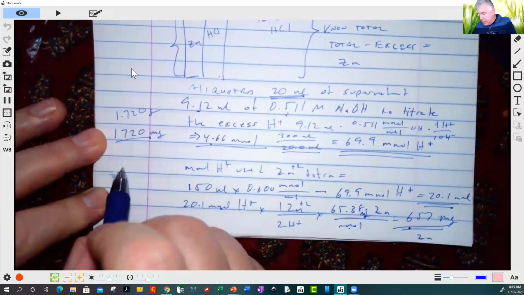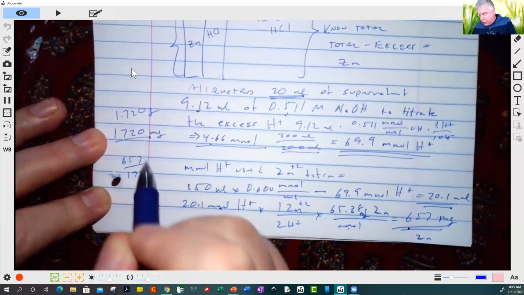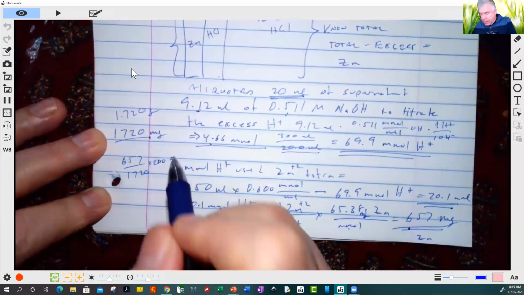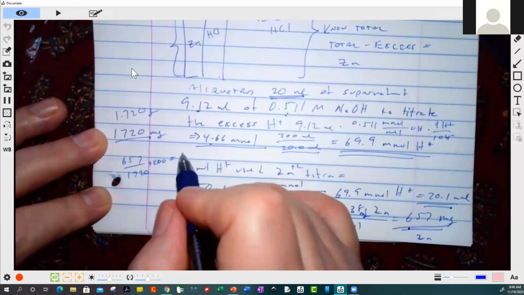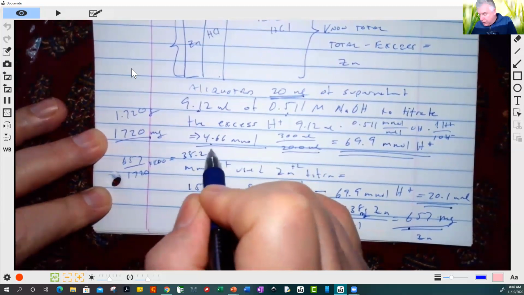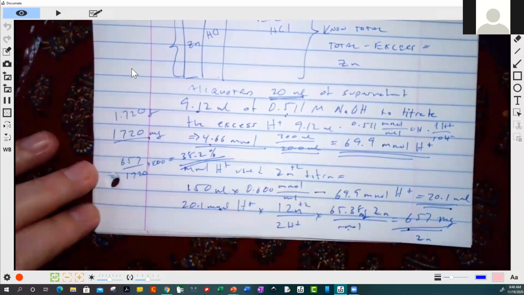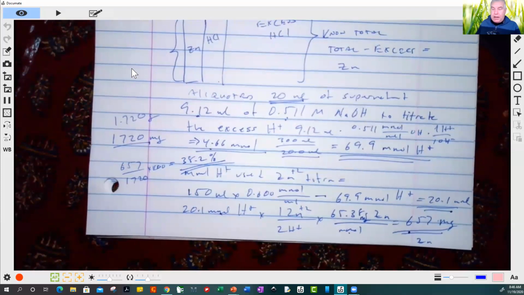So the percent zinc is going to be 657 over 1720 times 100, which equals 38.2. Yes, that's correct. 38.2. We did it.